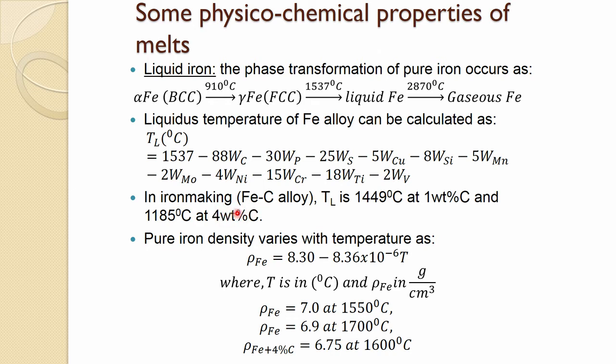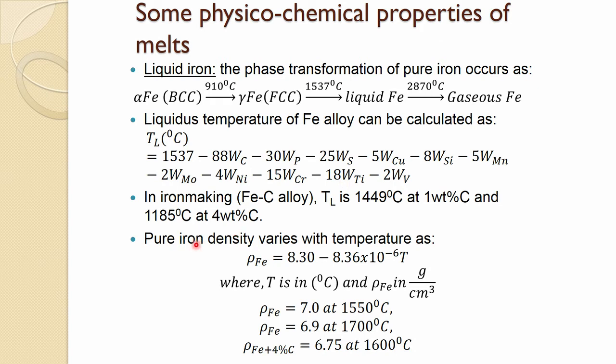So, it is a carbon saturated melt. It reduces the liquidus temperature of iron to almost 1185 degrees Celsius. So, this is the effect of alloying elements on the melting point of liquid iron, and one can calculate the liquidus temperature using this equation.